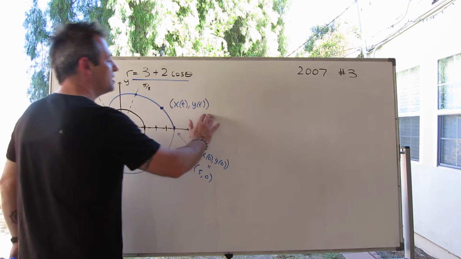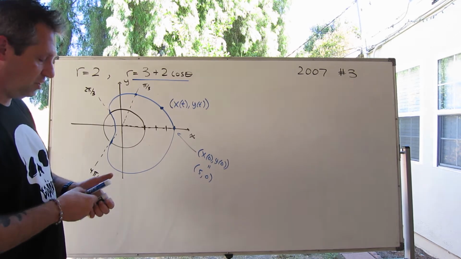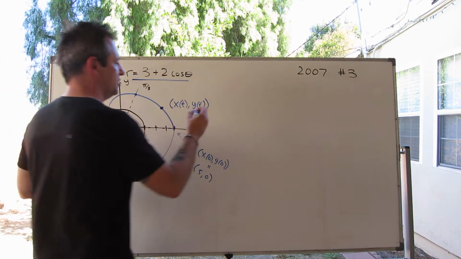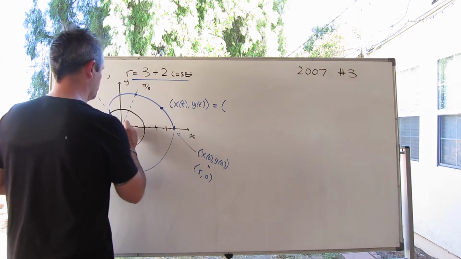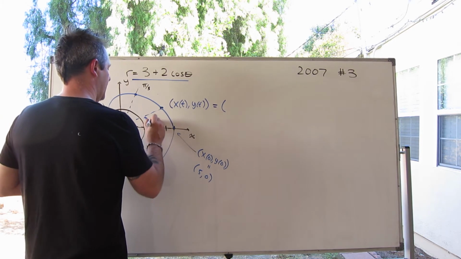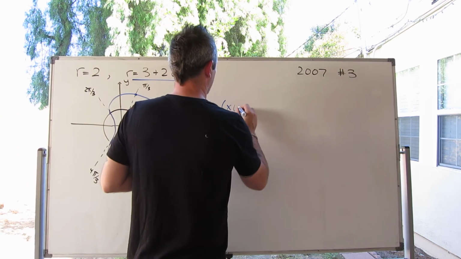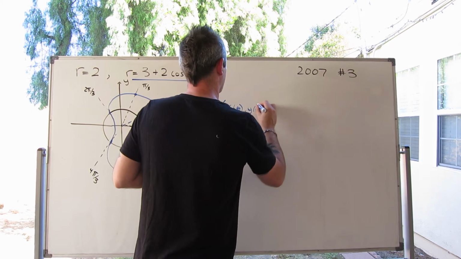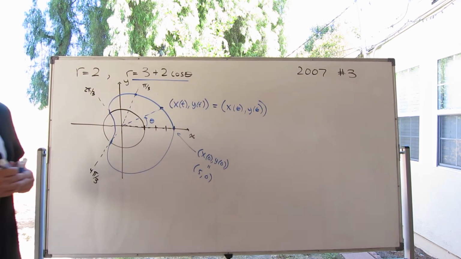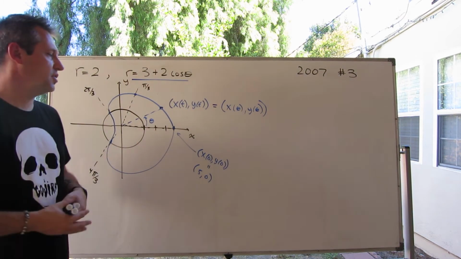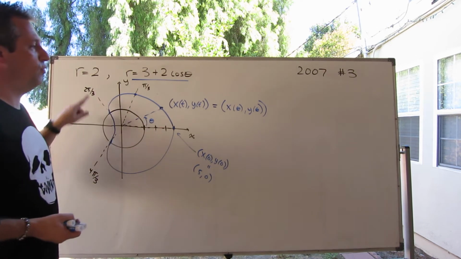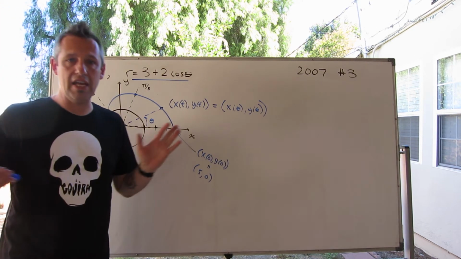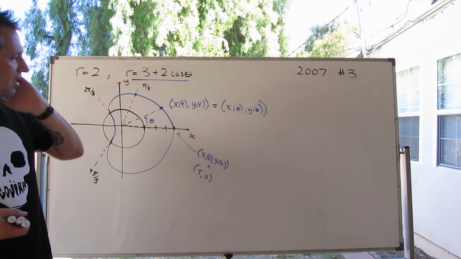At any moment in time, its position x of t comma y of t is just equal to x of theta comma y of theta. In other words, this curve is parameterized by the angle theta.